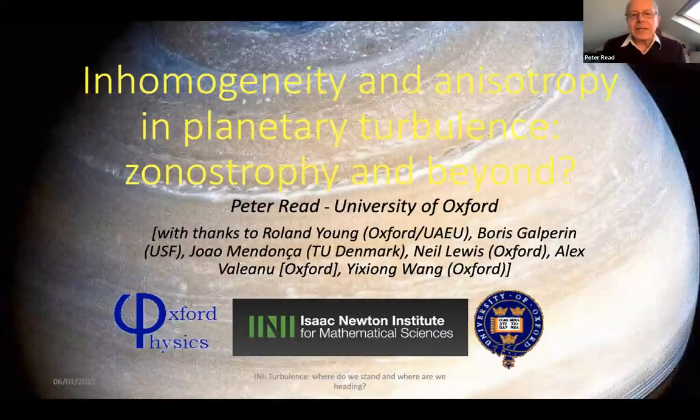So my remit, I guess, is going to the opposite end of the spectrum from Béranger's talk that we heard earlier on, which was focusing on the very, very small scales. My interest is somewhat similar and I hope complementary to what we heard from Jeff Vallis earlier in the week concerning large-scale atmospheres and ocean type flows in particular, although I'm hoping to focus a little bit more on some slightly different aspects of what Jeff discussed, but there will be a certain amount of overlap.